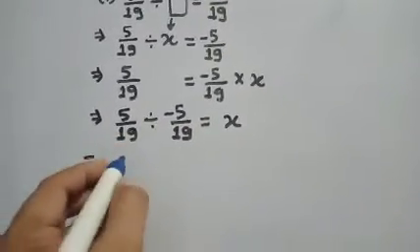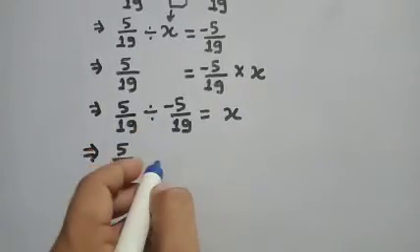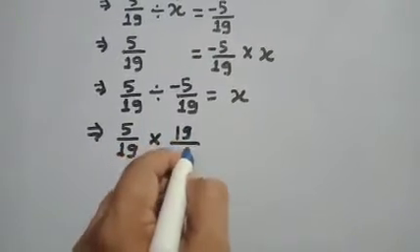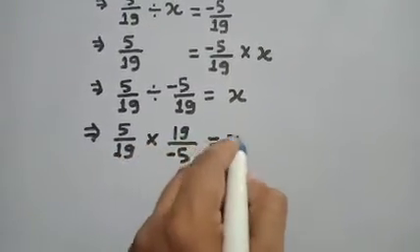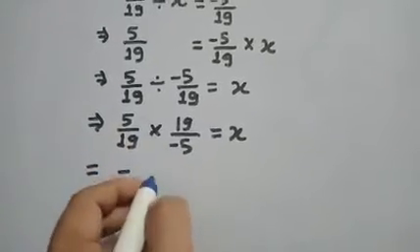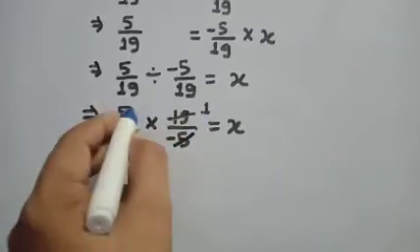Now 5/19. Now divide, convert into multiply, and take the reciprocal of the divisor. So here is one negative sign, then 19 cancels 19 and 5 cancels 5.